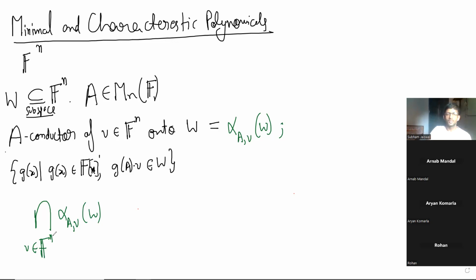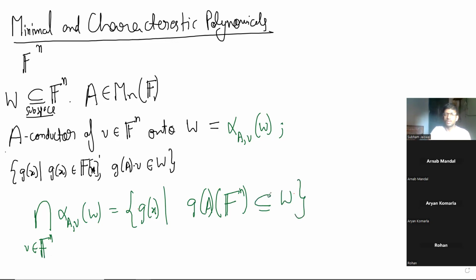So this is actually simpler. What is G(x)? G(x) is just those things such that G of A pushes the entire vector space into W, because you're taking the intersection over everything. G of A is a matrix, not a linear transformation. We are only looking at those polynomials, in the polynomial ring.